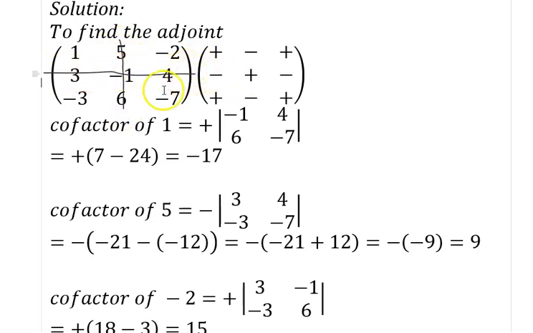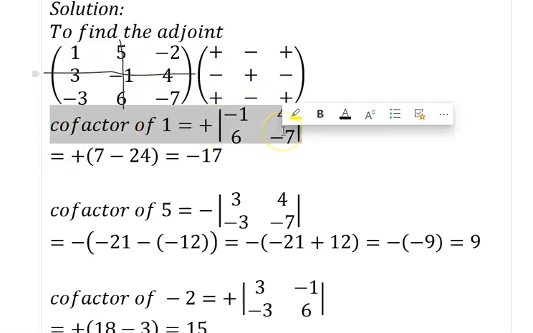Awesome. Cofactor of minus 1 now. The corresponding sign is plus.